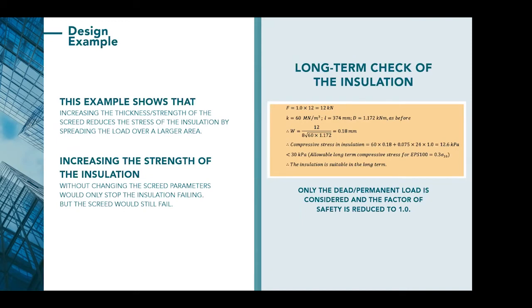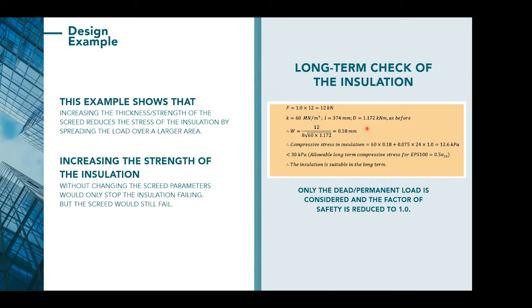So long-term check. As I showed you earlier on, if we have 100 kPa for EPS 100, our short-term factored load to give us 1% compression is 40 kPa, but our unfactored long-term check, our long-term 50-year compressive creep figure to give us 2% compression, would be 30 kPa.